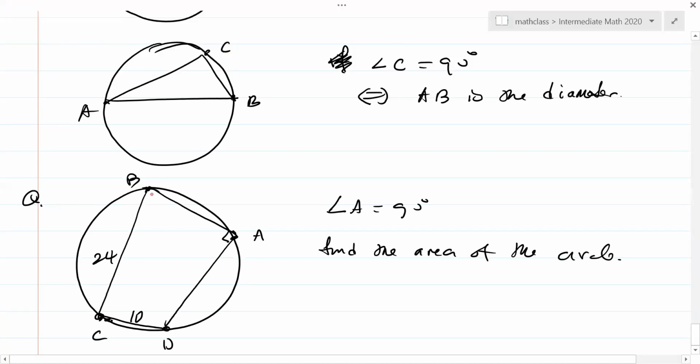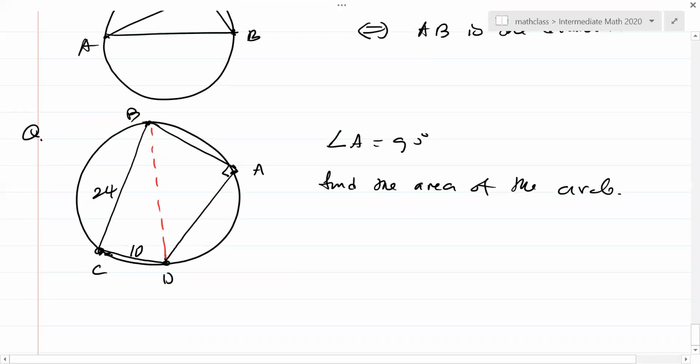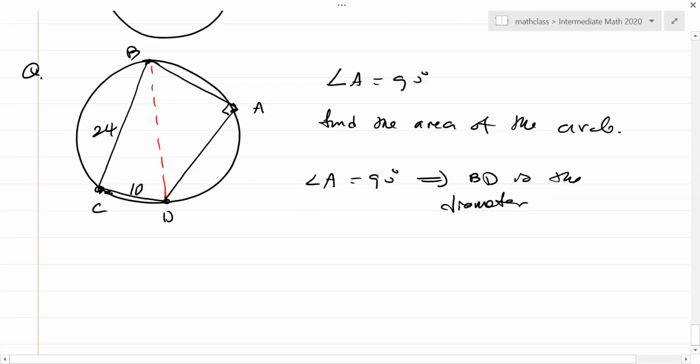So what you have to do is draw the line between B and D. And I claim BD is a diameter. So step by step. Using the triangle ABD, since this angle is 90 degrees, it implies BD is the diameter of the circle.